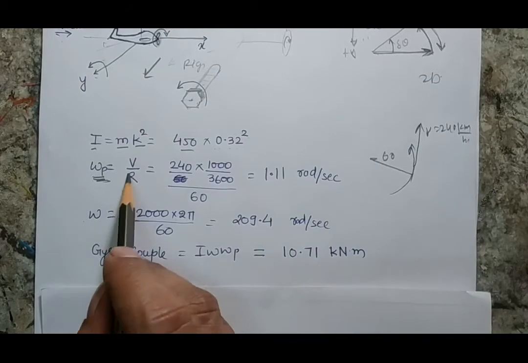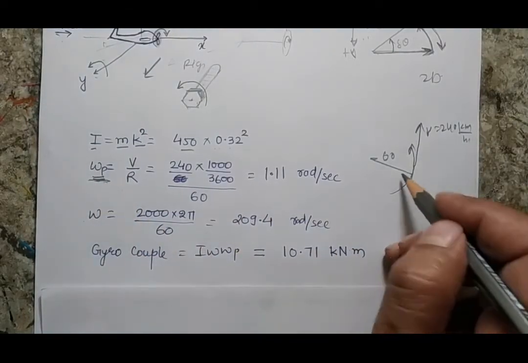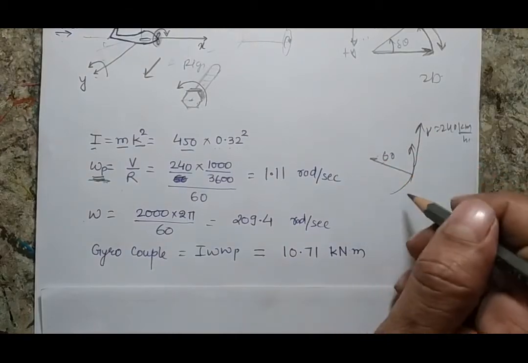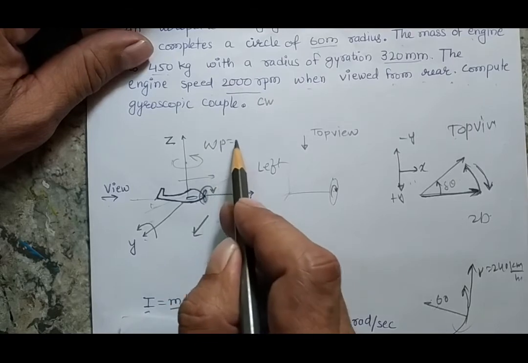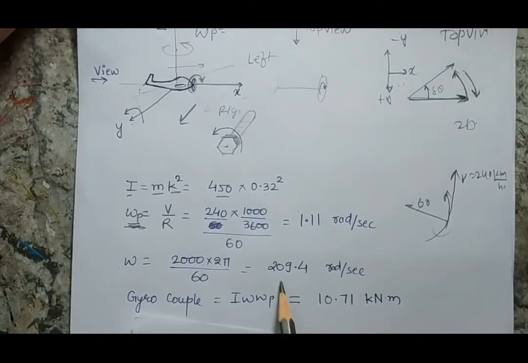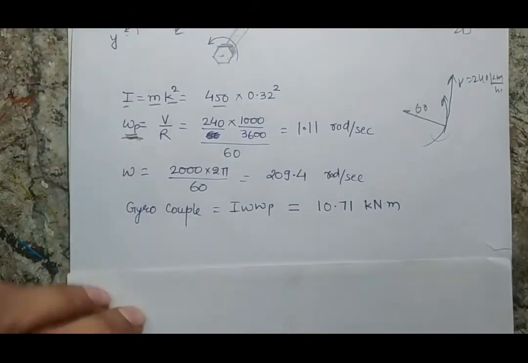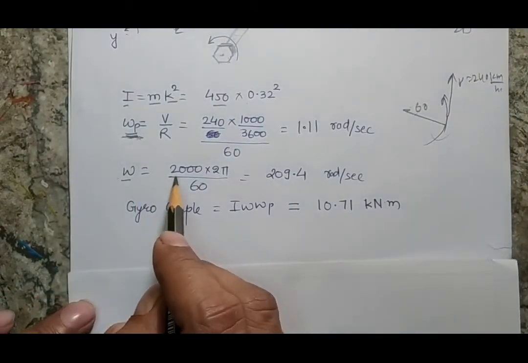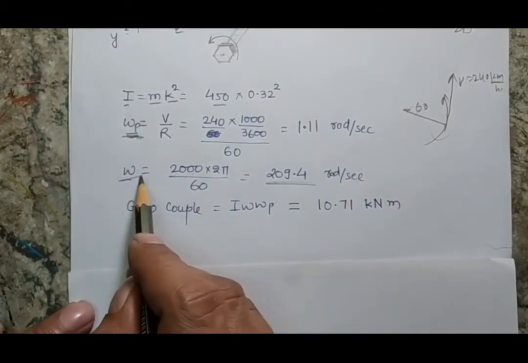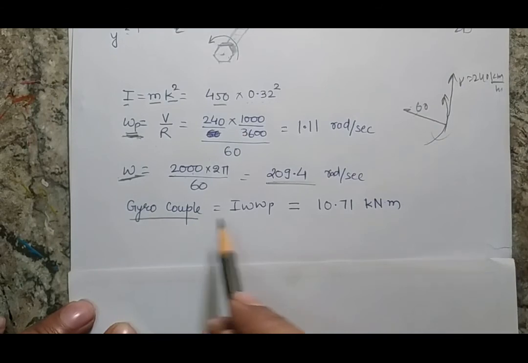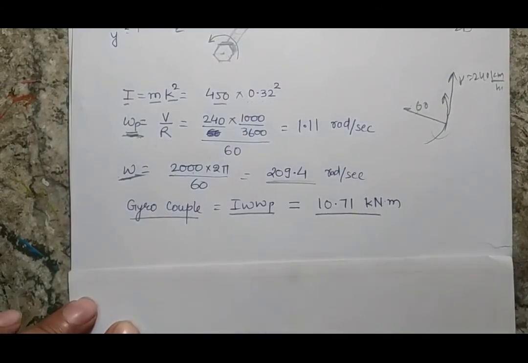Using these two values I can calculate the angular velocity of the precession, which is basically rotating my plane about the vertical axis. This omega precession is nothing but 1.11, and my rotation is 2000 rpm, so I can calculate the rotational angular velocity, and when I put in all the values, I will see the gyroscopic couple, which will be 10.75 kilonewton. Thank you.